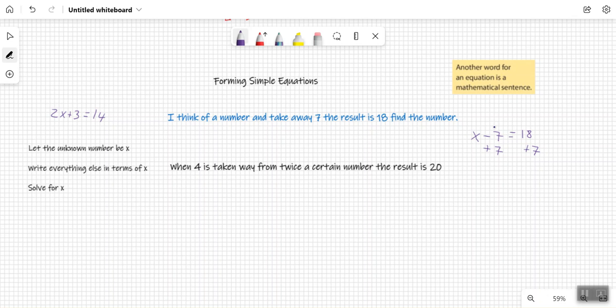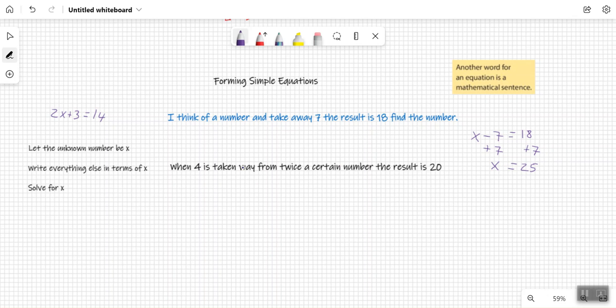These will cancel out, and x is going to be equal to 18 plus 7, which is equal to 25. Okay, so x is equal to 25.